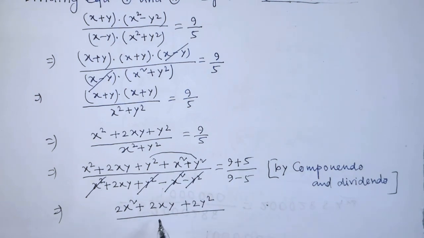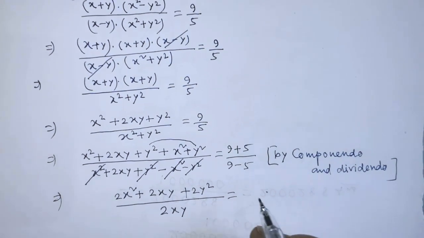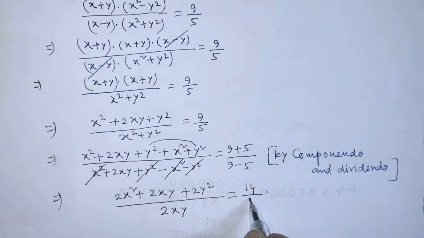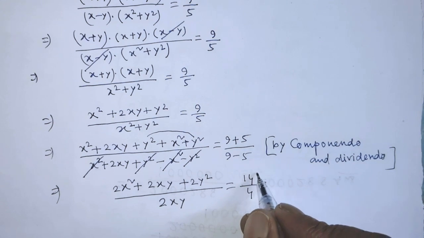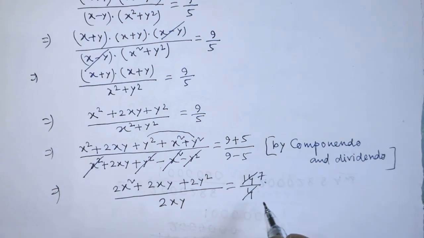So in the denominator we get 2xy, is equal to, on the right hand side, 14 over 4. So now we can divide 14 by 2, then you get 7, and similarly we divide the denominator by 2, then you get 2.